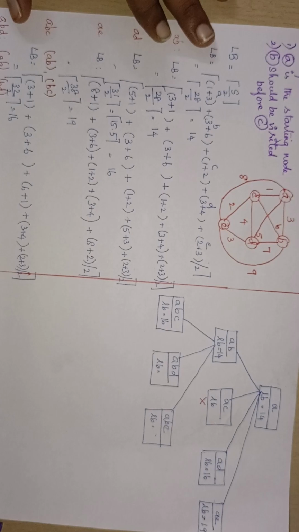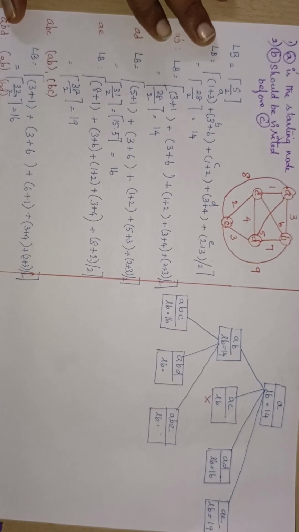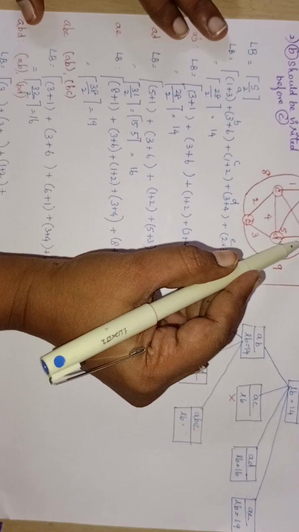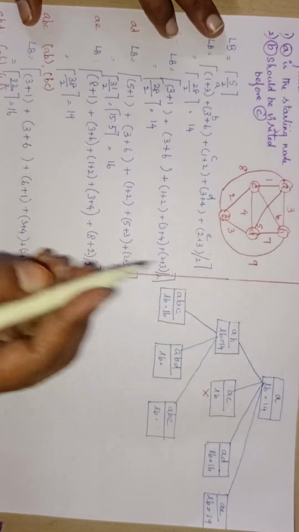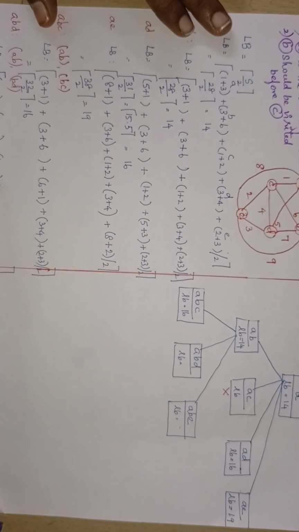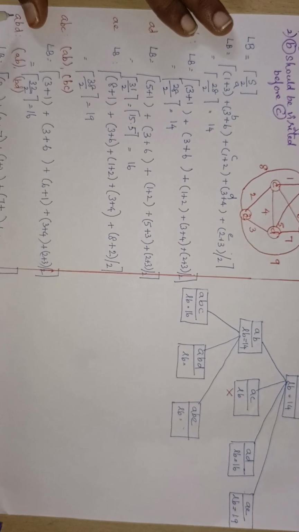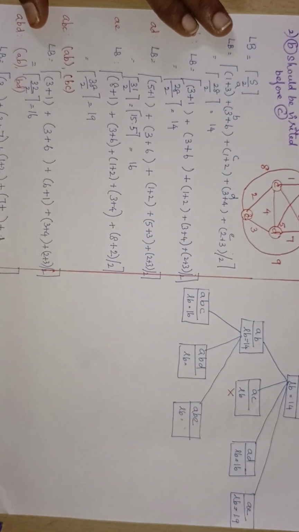Whereas C is nowhere related to this edge, so same 1 plus 2. D is there, edge BD is there. Therefore here BD 7 should be included in both B as well as in D. And E is nowhere related to this ABD, therefore the same thing 2 plus 3.